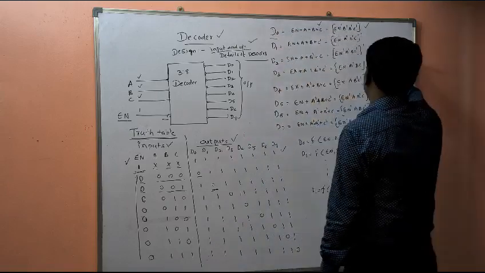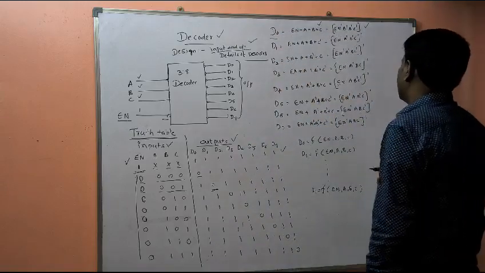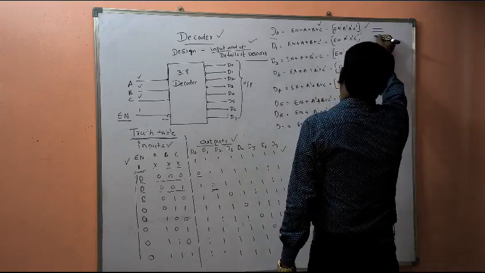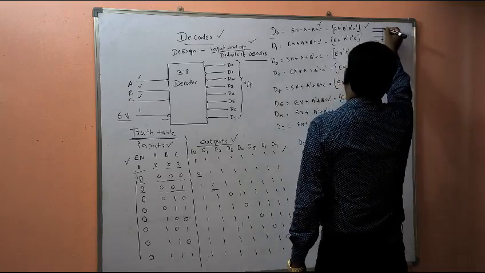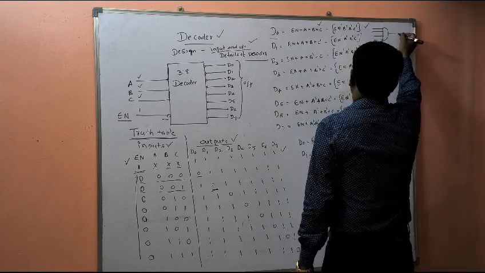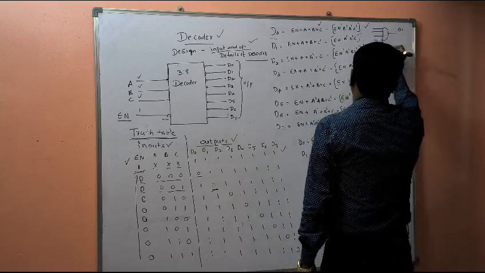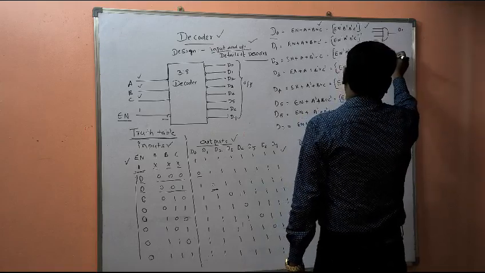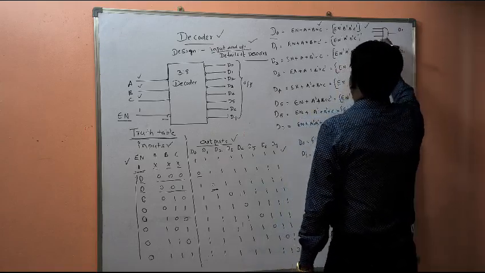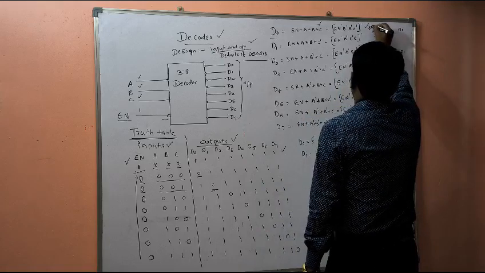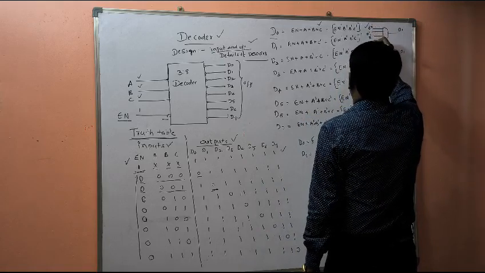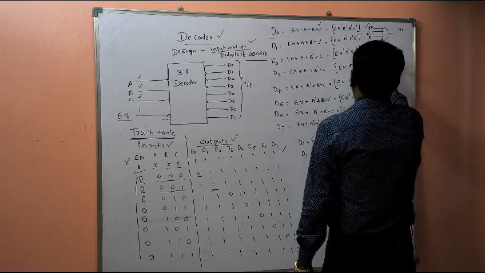The only thing I need to do is draw the circuit. How exactly will the circuit be? 4 inputs, output. This output is D0. Next, 4 inputs, output D1. What are the inputs? Enable bar, A bar, B bar, C bar. What about this one?